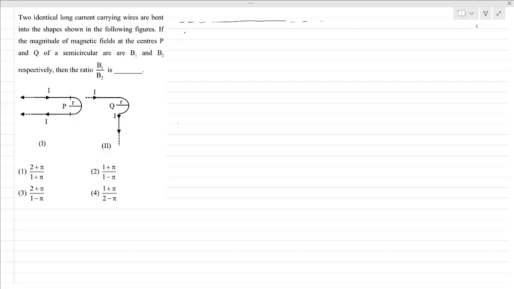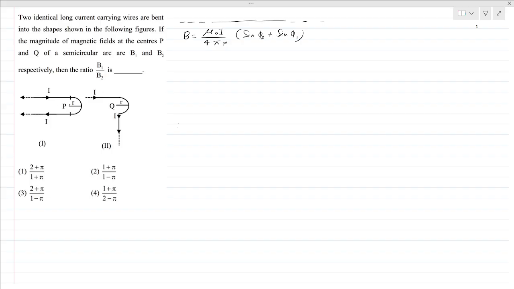current carrying wire. We can write the general formula B equals mu 0 I by 4 pi r, where r is the distance, into sine phi 2 plus sine phi 1.